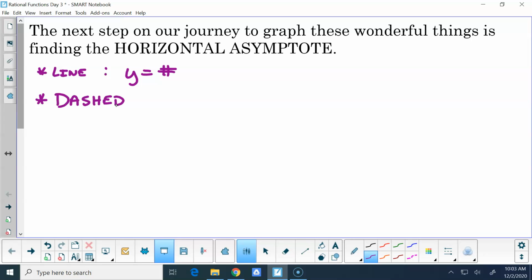The nice thing about finding a horizontal asymptote is it ties in with the end behavior.